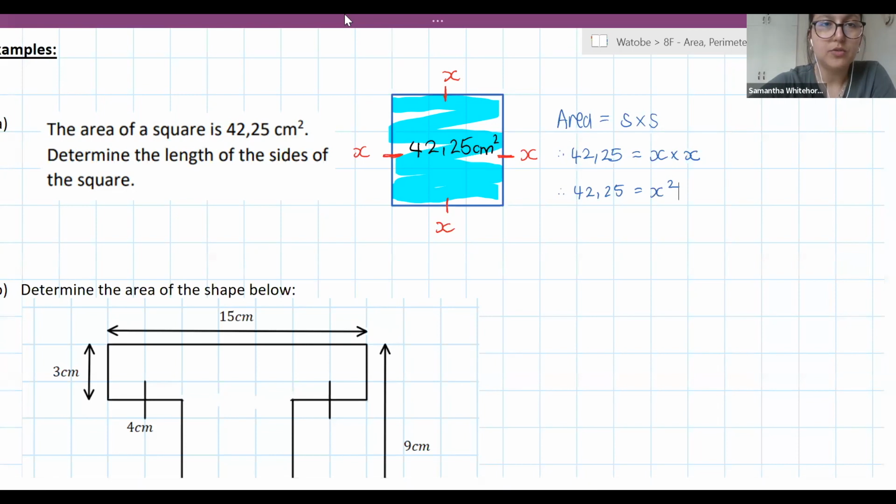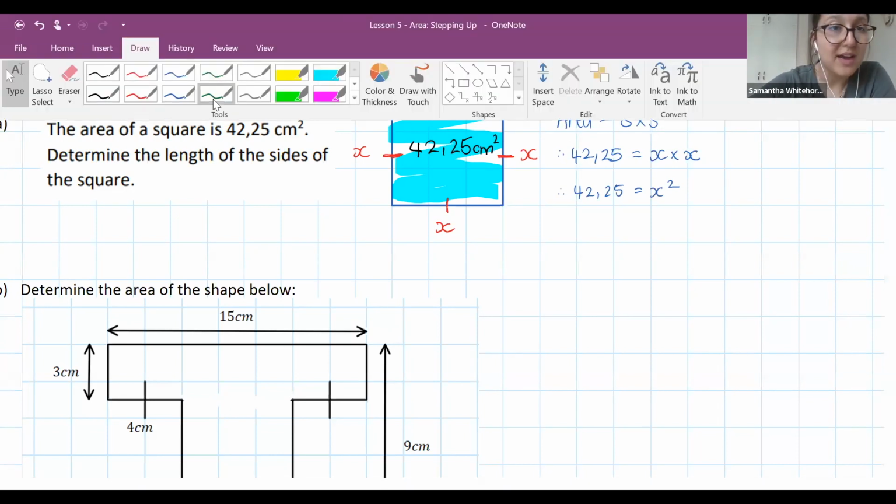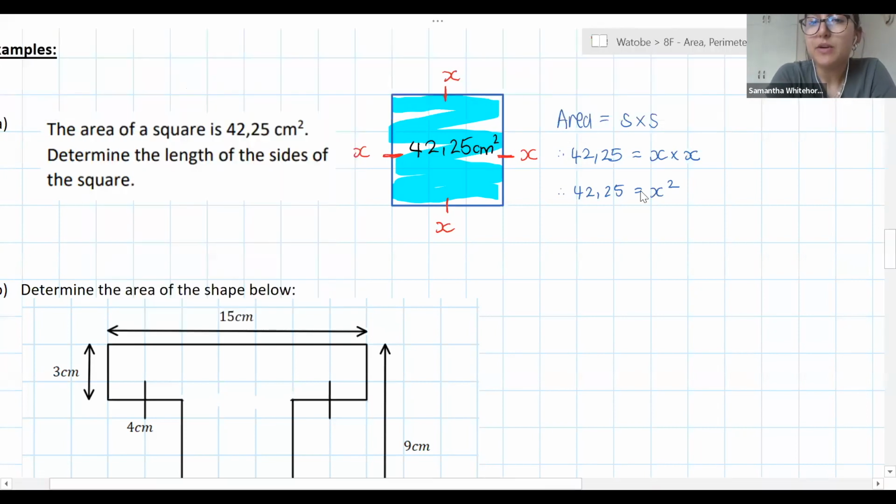And we know, because we've spoken about things like Pythagoras and equations where you've got squares, if we want an x alone that's attached to a square, we need to square root, because the square root cancels out the square. But I have to do that on both sides of my equation in order to keep it balanced. And so what this is saying to me is that the square root of 42,25 is going to give me the value of x.